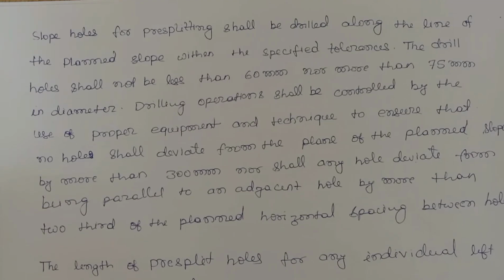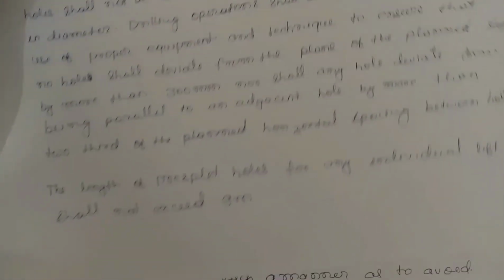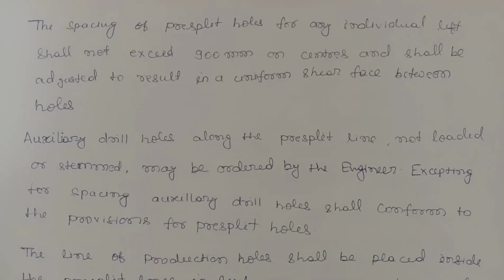The length of pre-split holes for any individual lift shall not exceed 9 meters. The spacing of pre-split holes for any individual lift shall not exceed 900 mm on centers and shall be adjusted to result in a uniform shear face between holes.